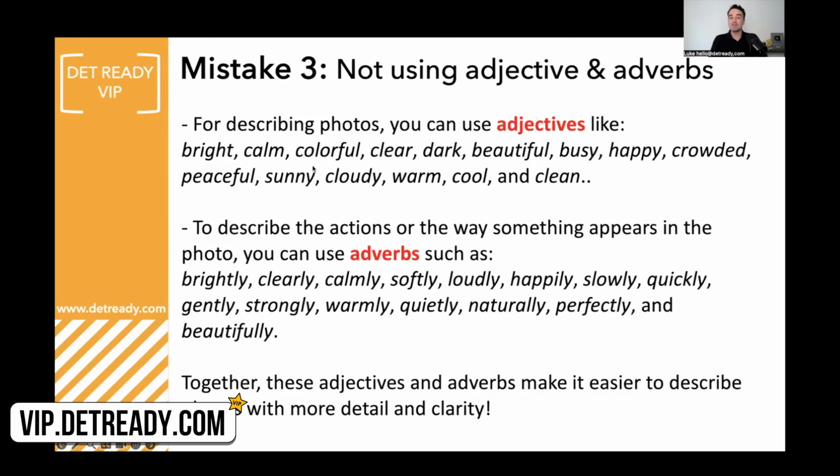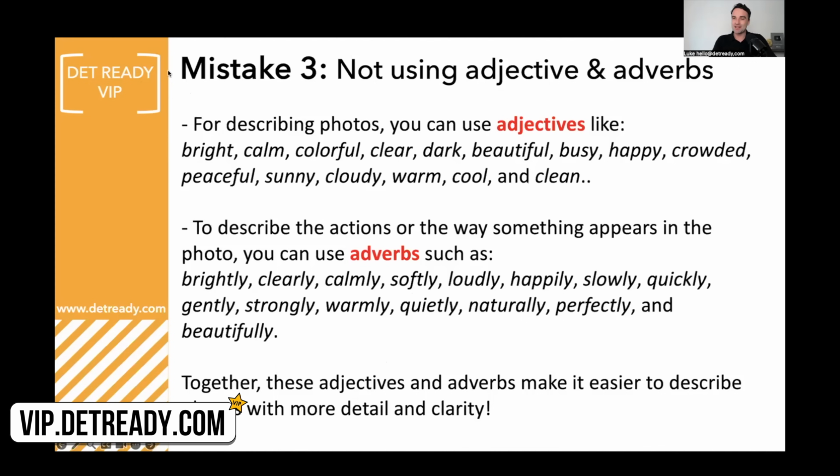So for describing photos, we have adjectives like bright, calm, colorful, clear, dark, beautiful, busy, happy, crowded, peaceful, sunny, cloudy, warm, cool, clean. For adverbs, we have brightly, clearly, calmly, softly, loudly, happily, slowly, quickly, gently, strongly, and so on.